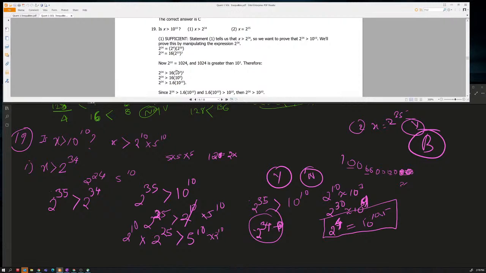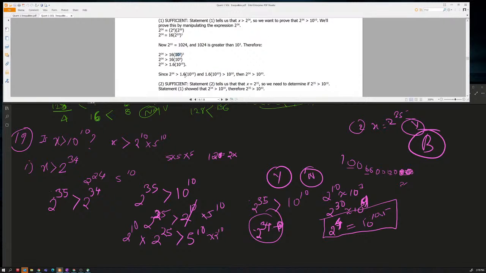Since 2 power 10 is greater than 10 power 3, they have made 2 power 34 greater than 16 into 10 power 3 into 3, just from the above equation only. So since 2 power 34 is greater than 1.6 into 10 power 10, and 1.6 into 10 power 10 is greater than 10 power 10, then 2 power 34 is greater than 10 power 10.